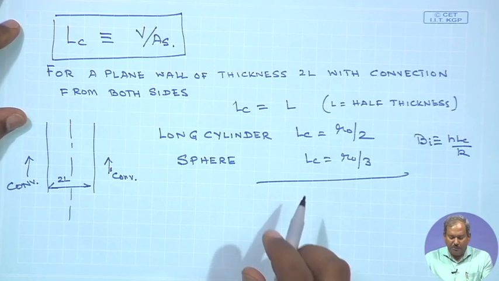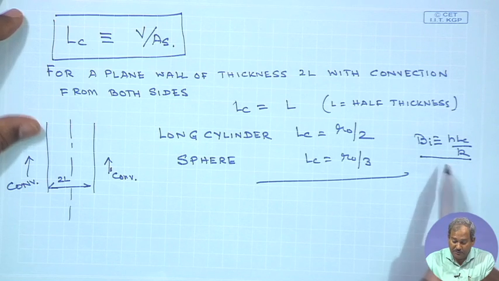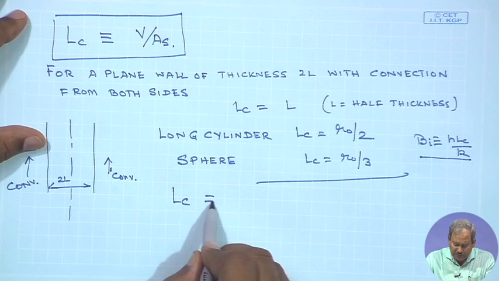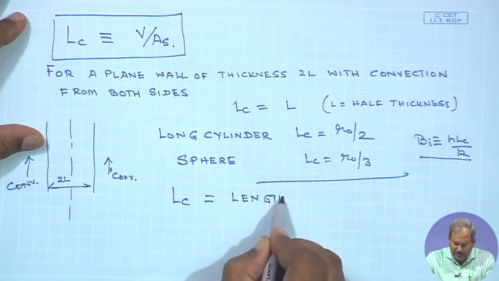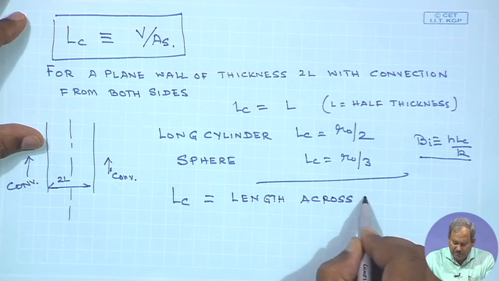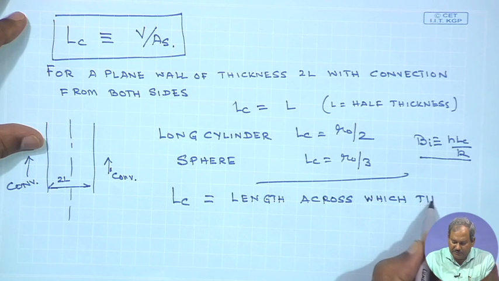But the common practice is to make your assumption more conservative. The length scale is chosen as the length across which the maximum temperature difference takes place.